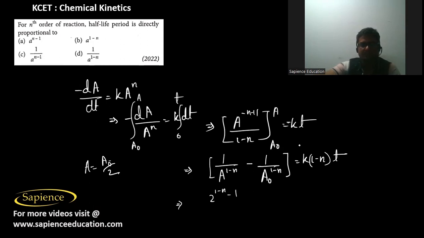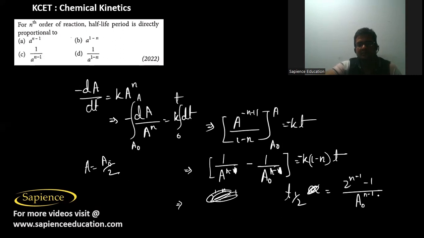Now here one minus sign is there, so you can write, so it means that t half will be proportional to, sorry, this will be n minus 1. So t half will be equal to 2 power n minus 1 minus 1 by a naught power n minus 1 into k into n minus 1.